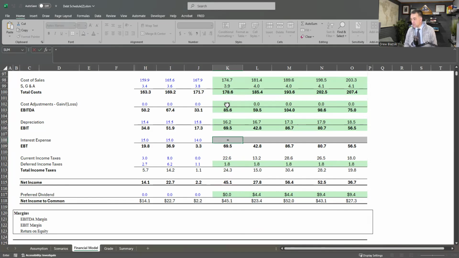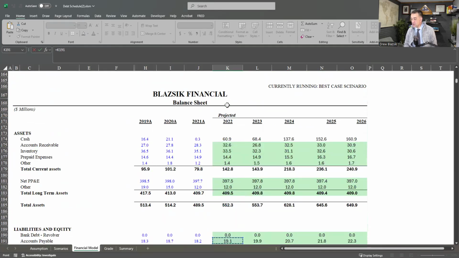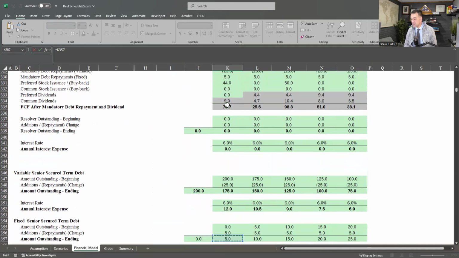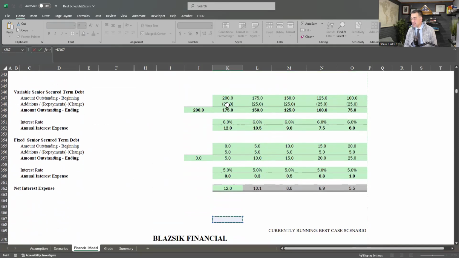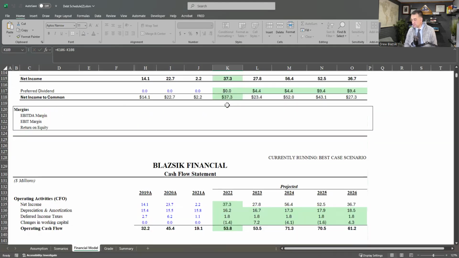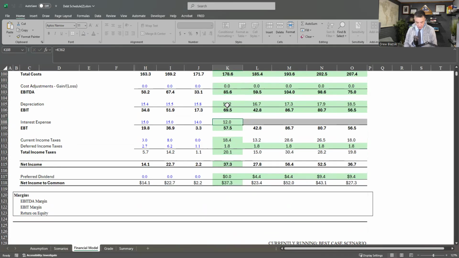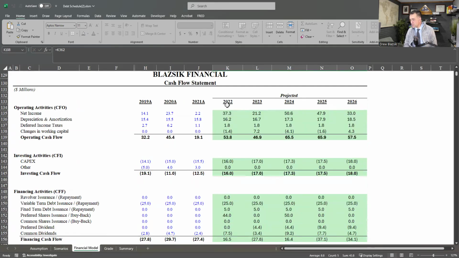So I'm going to say equals. I'm going to go all the way down to the debt schedule, down to the net interest expense, right? When we solve this down here, that is the income statement. All right, hopefully it lights up green. So the income statement looks good, and it's always good to check this.